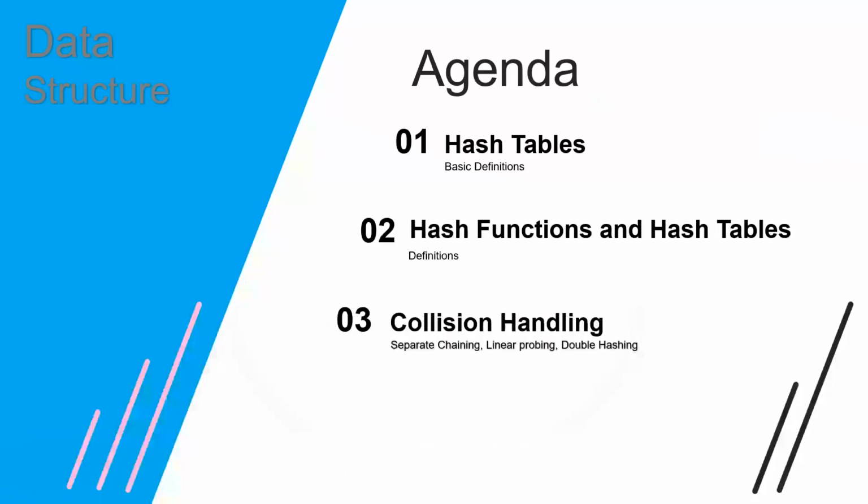I will explain the basic definition, and you will learn about the hash function and hash tables, and we will learn about collision handling. So I was explaining about the chain and probe. We will learn about this chain and probe.